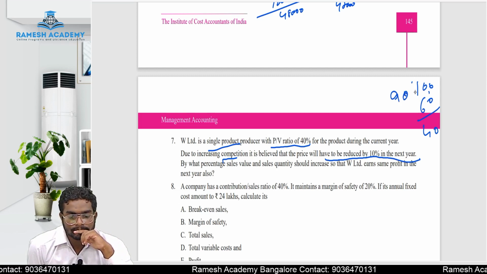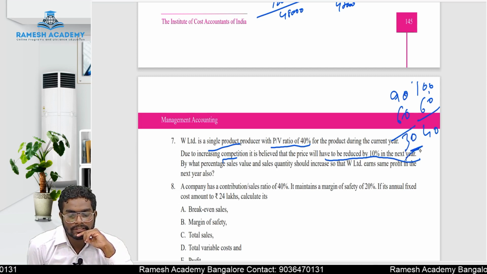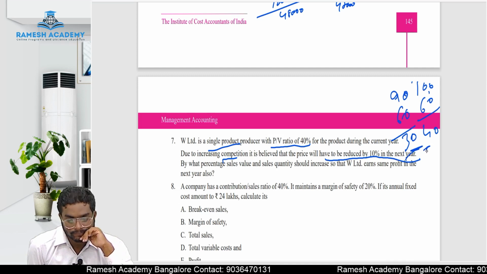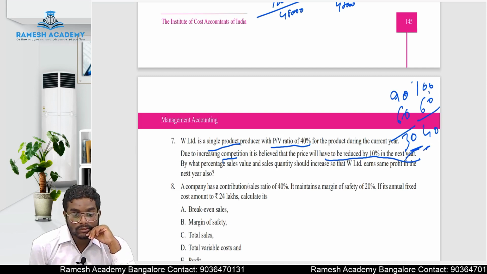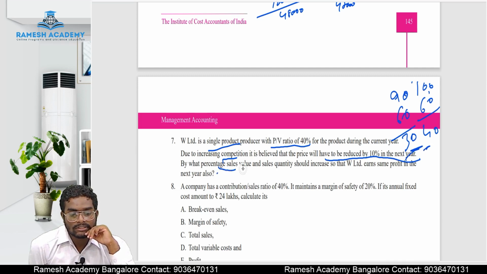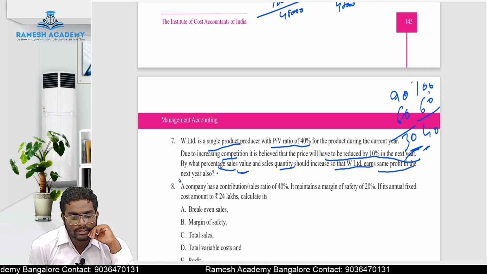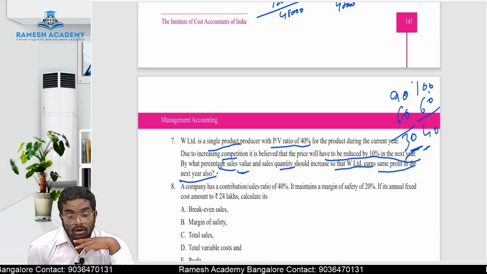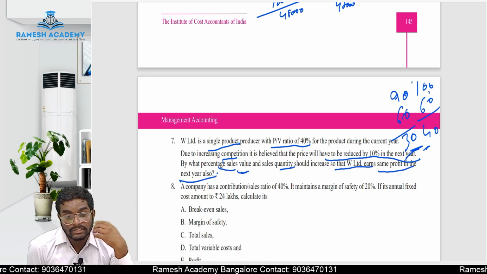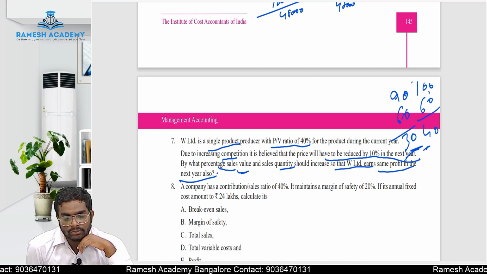Then variable cost will be 60 only, so the contribution will be reduced to 30, which means there is a reduction of 10 rupees. So now they are telling by what sales value or sales quantity should increase so that W Limited earns the same profit in the next year also. We have to tell by how much the sales value or sales quantity should be increased.